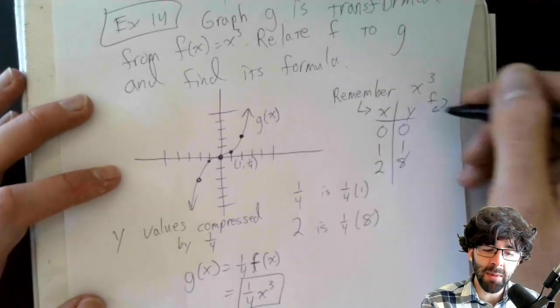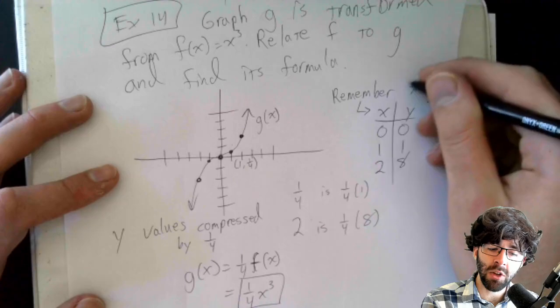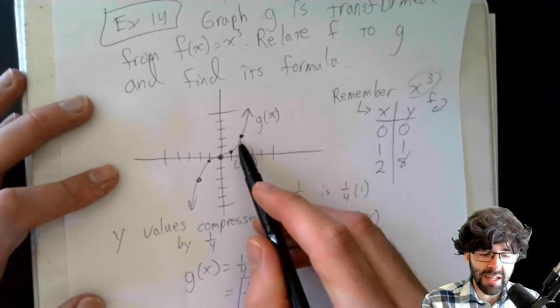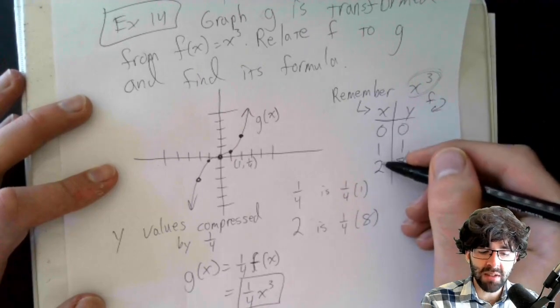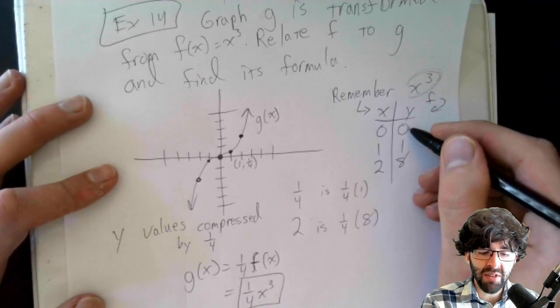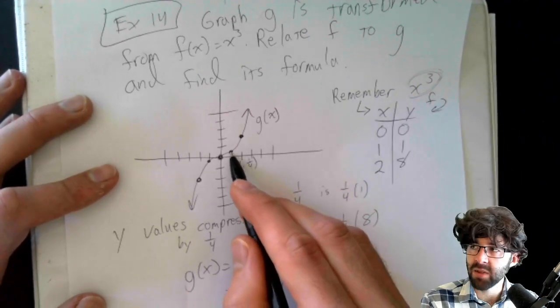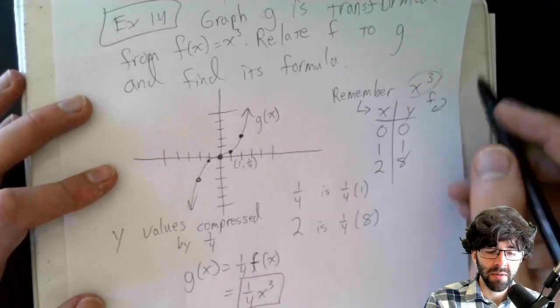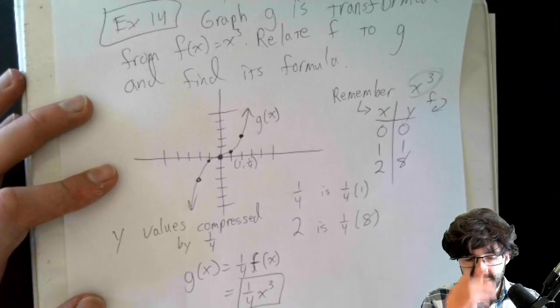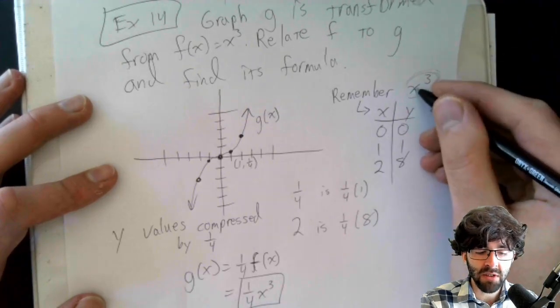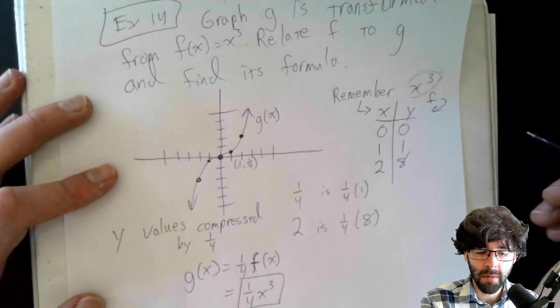So I made a little table for x cubed to see how it differs from g. So I just plugged in some points to look at how the y values differed from these y values. The table is optional, but it's a really good idea if you're not super familiar with toolkit functions.